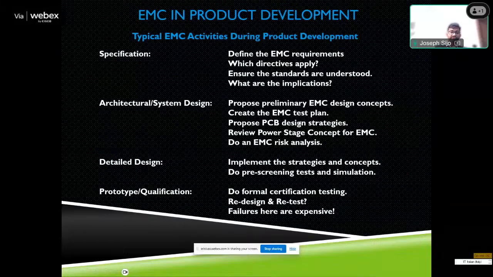Create the EMC test plan, the PCB design strategy, and review the power stage concept of EMC. Then detailed design, implementing the strategy and concept, pre-scanning tests and simulations, prototype and qualification, formal certification testing, redesign and retest, and failures here are expensive.